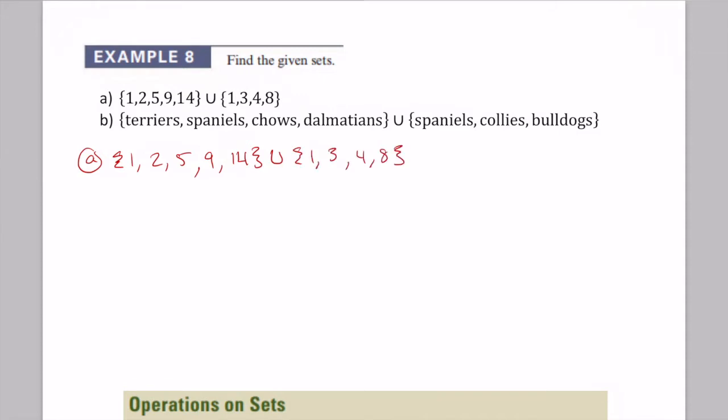Remember, the definition of union is the set of all elements belonging to set A or to set B or to both sets. So pretty much we have to join everything together without repeating. So that's 1, 2, 5, 9, 14, 3, 4, and 8.